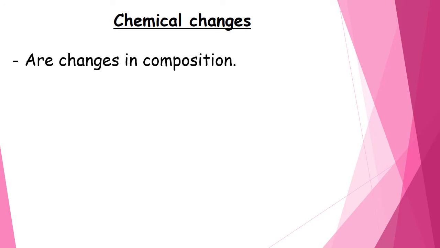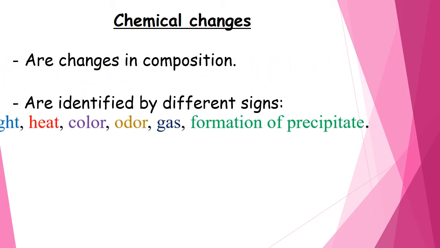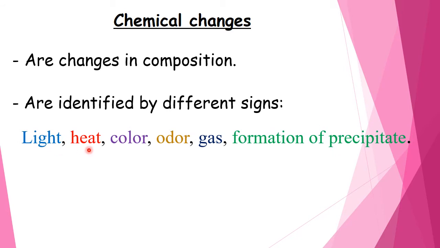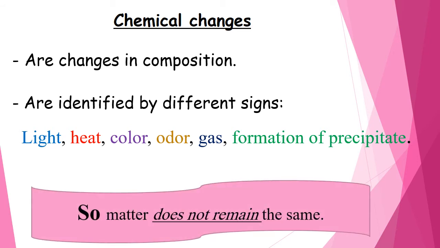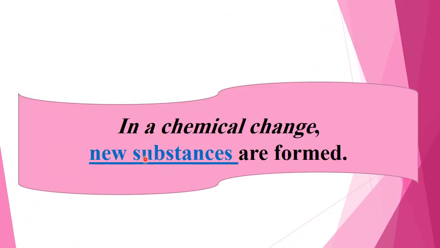Chemical changes are changes in composition, identified by different signs: light, heat, color, odor, gas, formation of precipitate, as we studied. So matter does not remain the same. In a chemical change, new substances are formed.